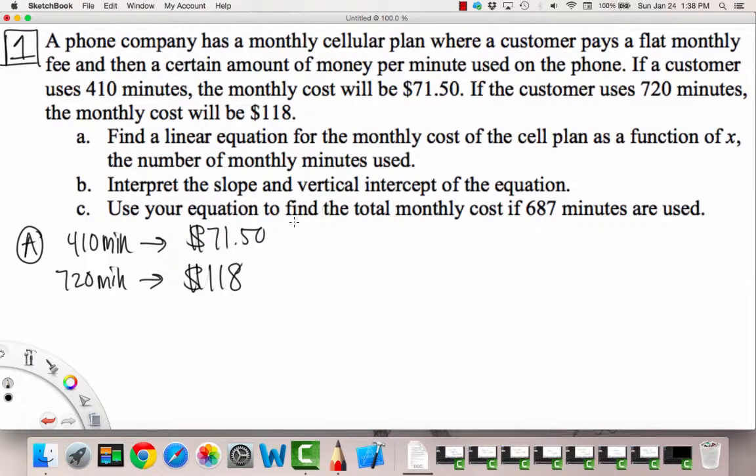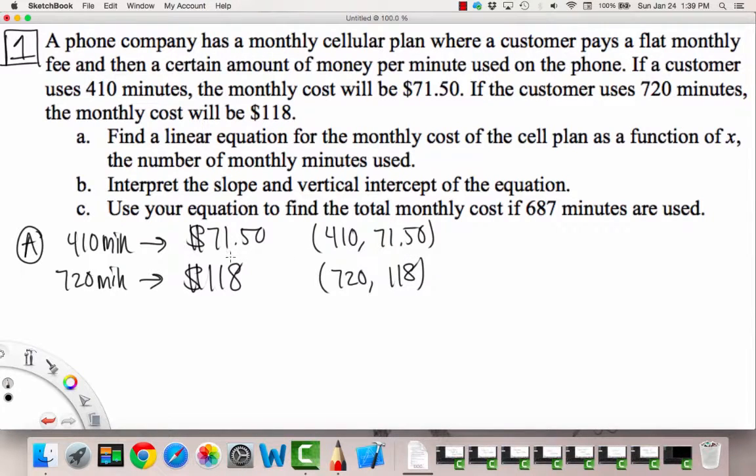These two pairs are actually points on our graph or function. So 410 corresponds to 71.50, and 720 leads to an output of 118.